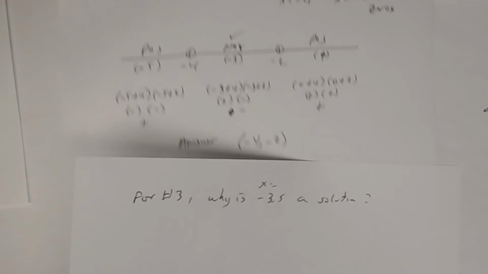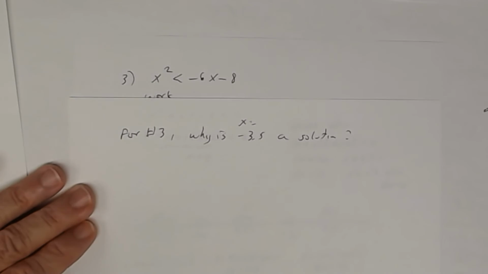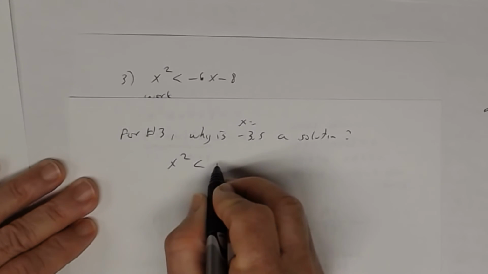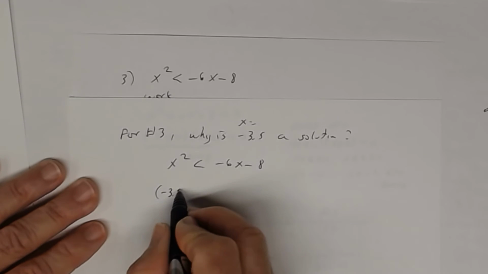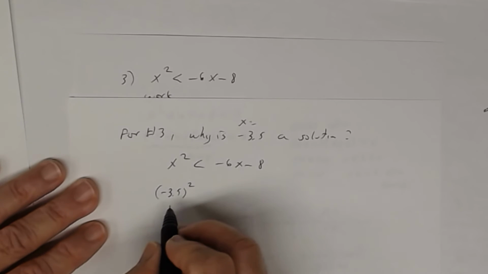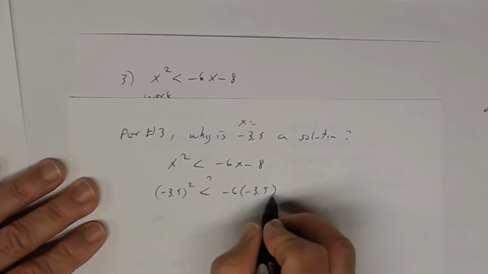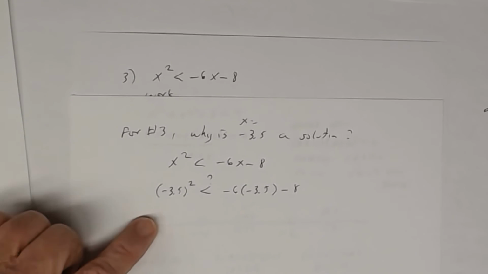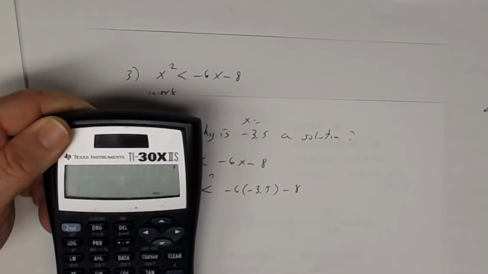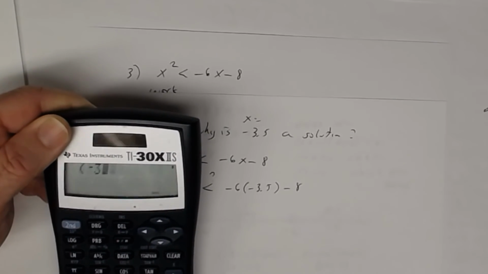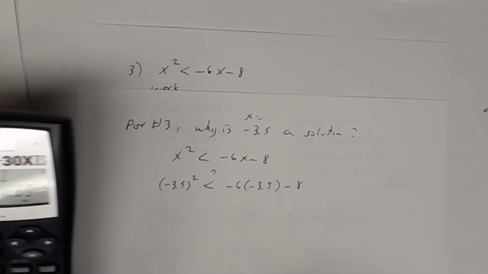Let's go back to the original. So in place of x, I'm going to substitute negative 3.5. I get negative 3.5 in parentheses because it's negative and it's being squared. And I want to see if that's going to be less than negative 6 times negative 3.5 minus 8. You're going to have to use your calculator. Negative 3.5 squared is a positive 12.25.